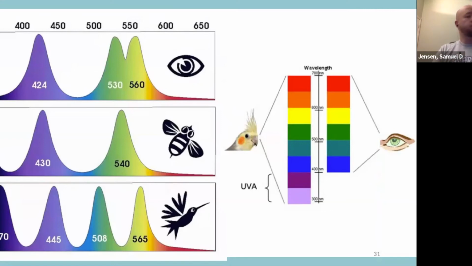People often cite the human eye as an amazing evolutionary feature, when it's not even really that amazing because there are other animals that see in a slightly wider range of the spectrum than we do, that have a better dynamic range, things like birds.